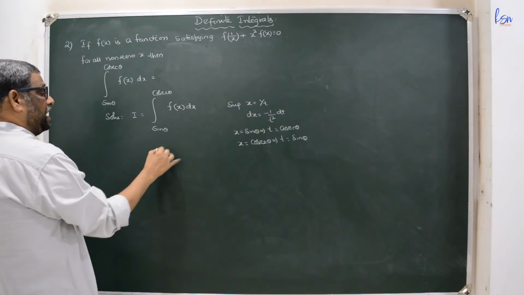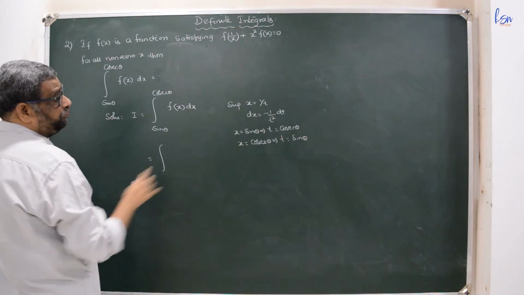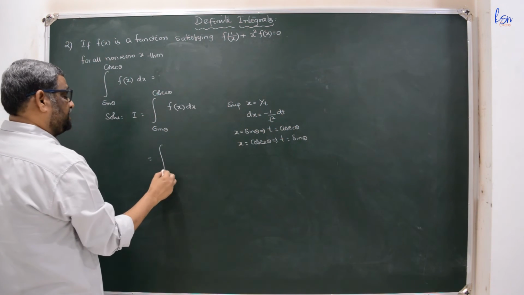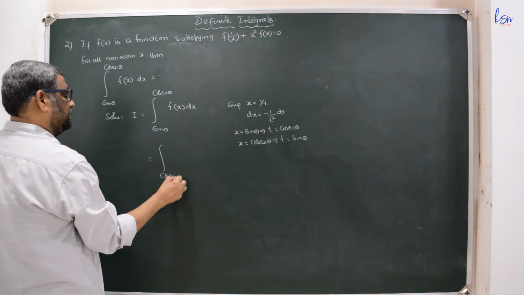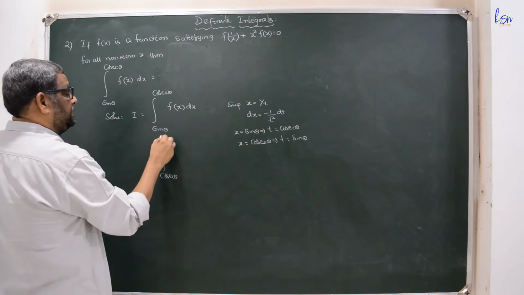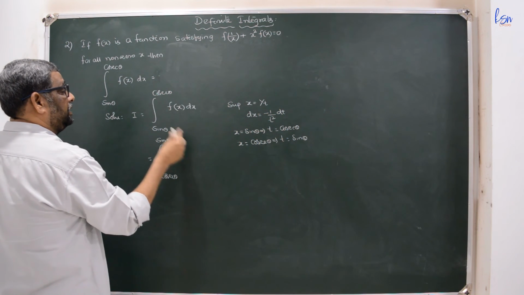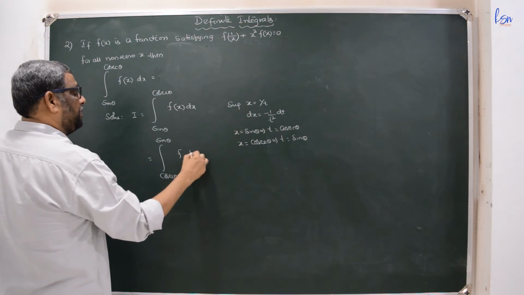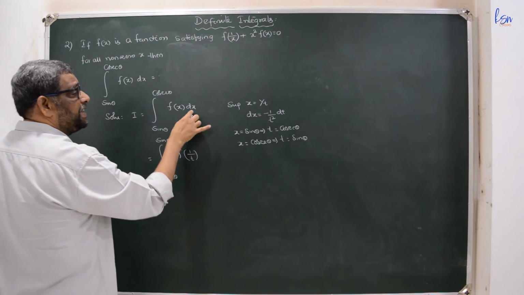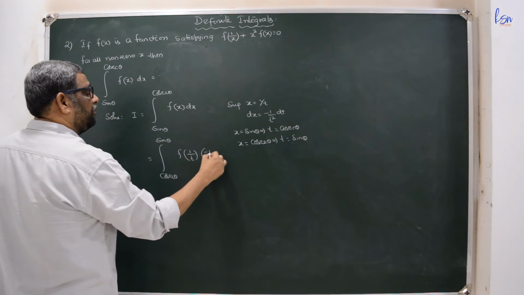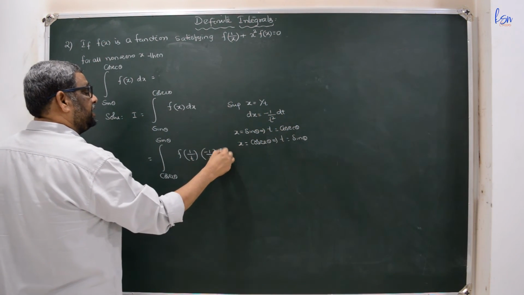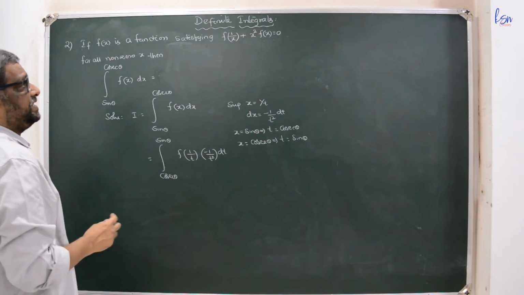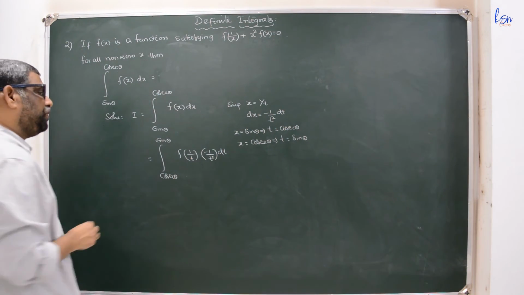Therefore the integral will become integral from cosecant theta to sin theta, f of 1 by t into minus 1 by t square dt.